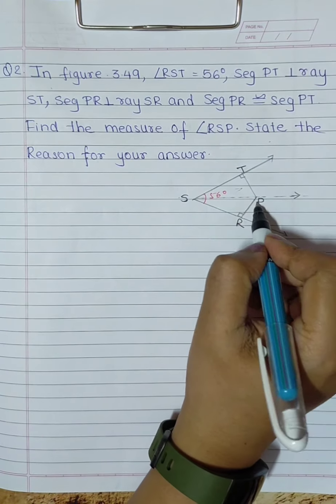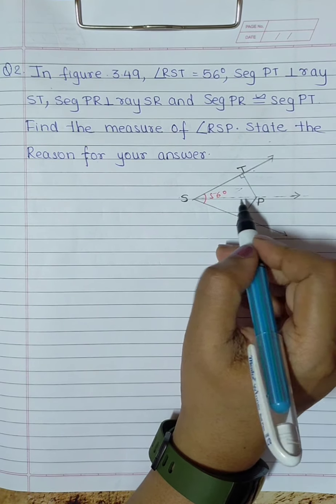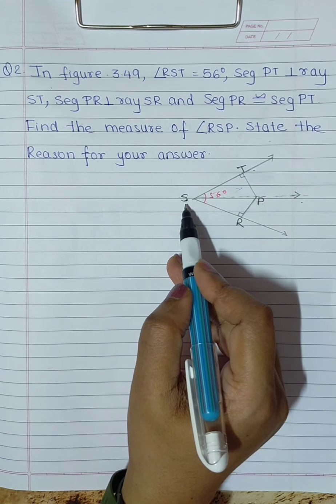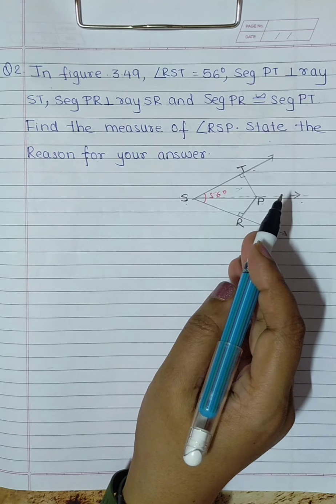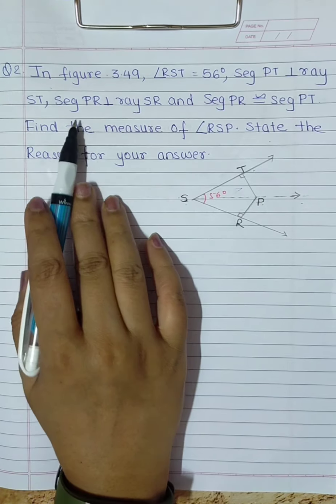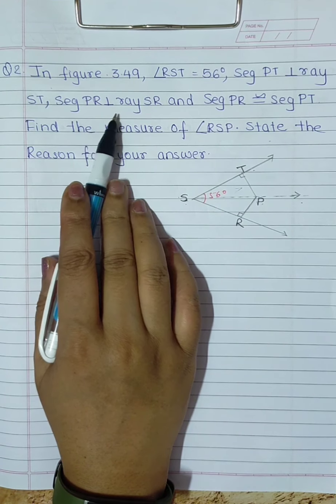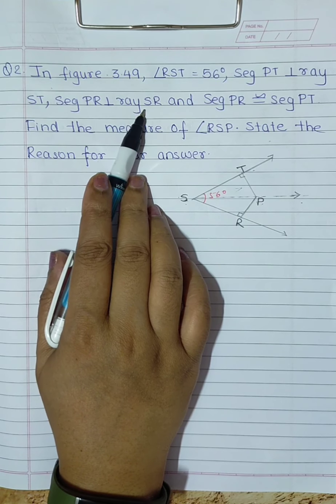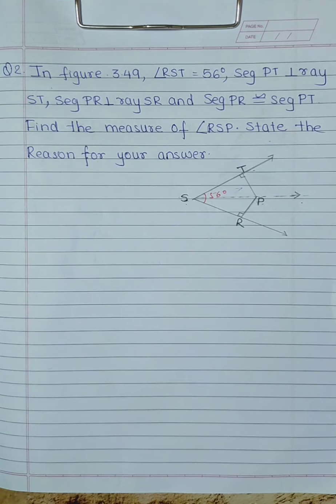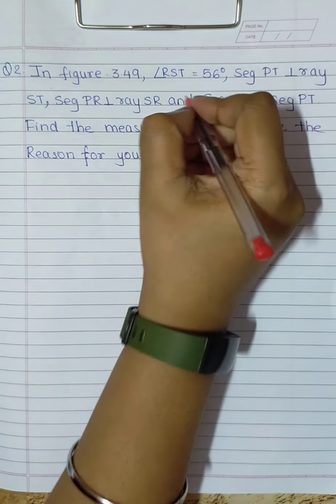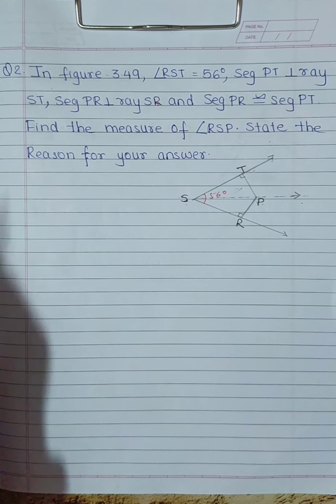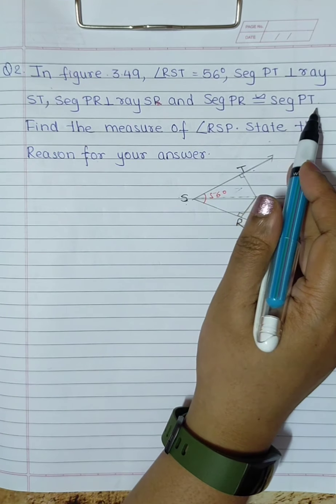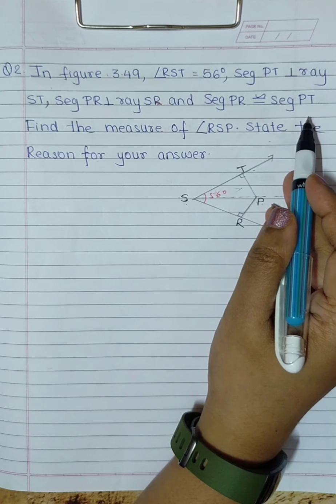Segment PT is perpendicular to ray ST and segment PR is perpendicular to ray SR. And segment PR is congruent to segment PT.